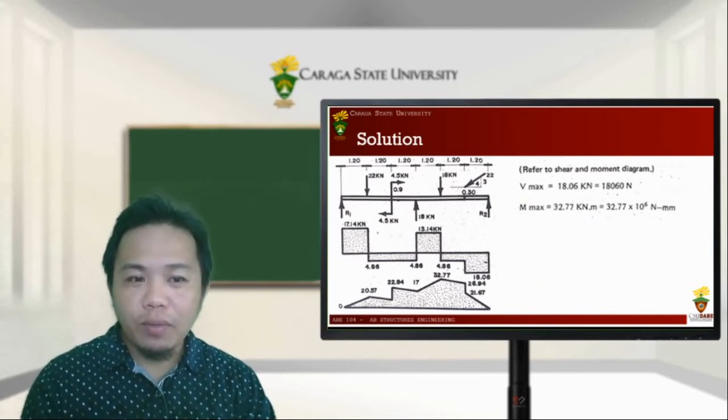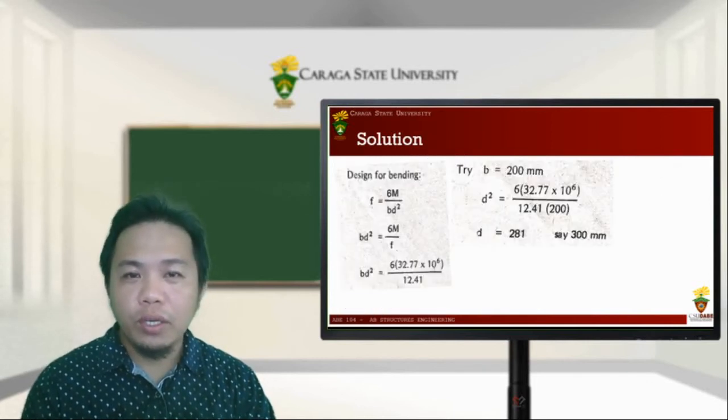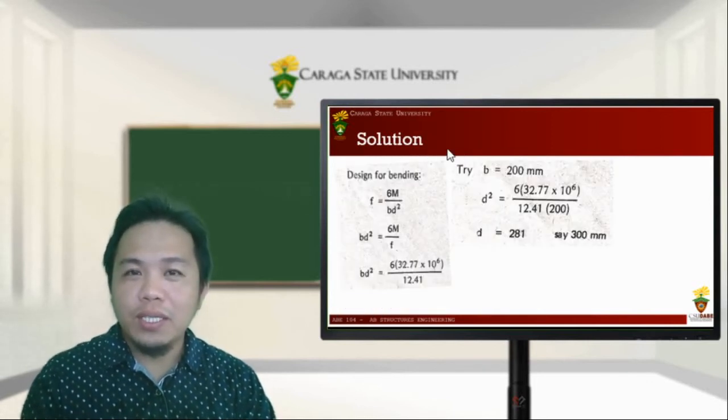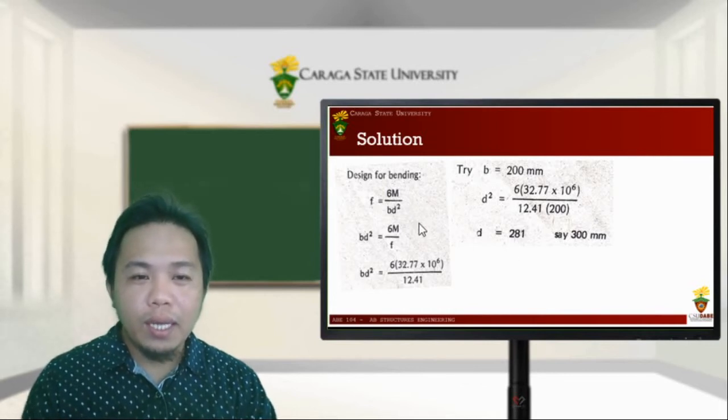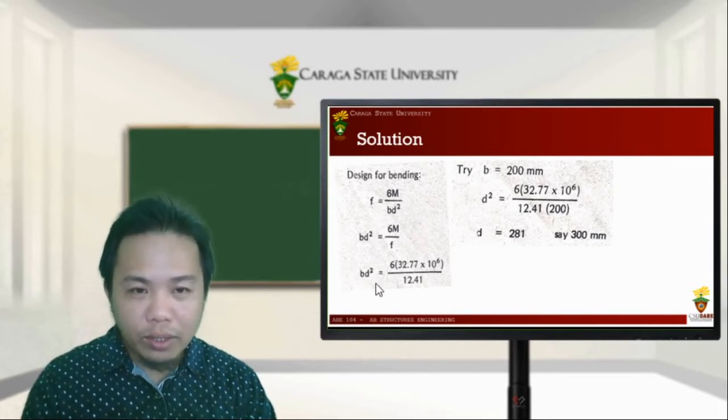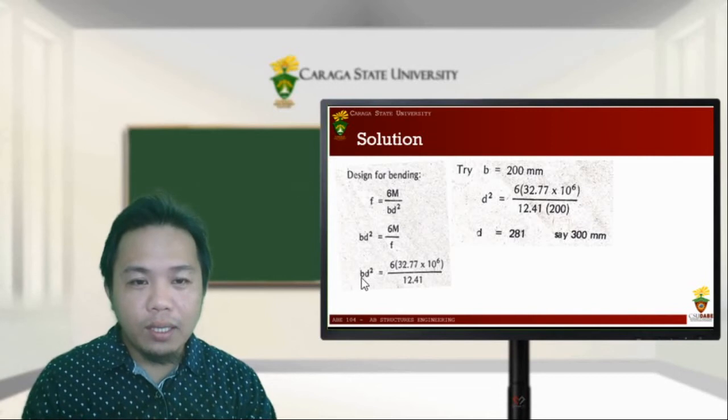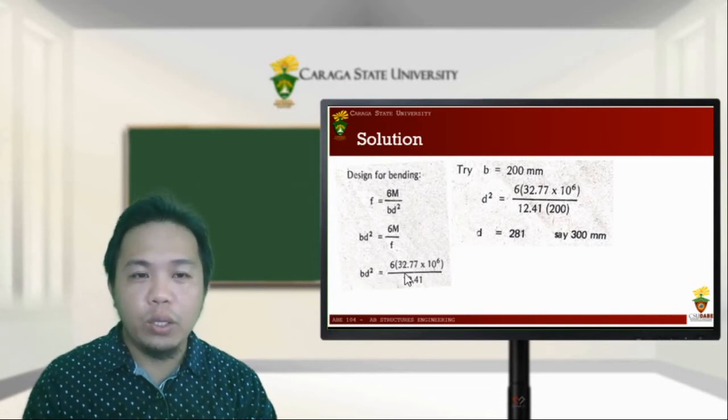Okay, so using this, we need to design. So we need to design using the formula for rectangular beam. So again, recall, the maximum bending moment is 6M over bd squared. Then by simple manipulation, you can find this equation that bd squared is just equal to this value.